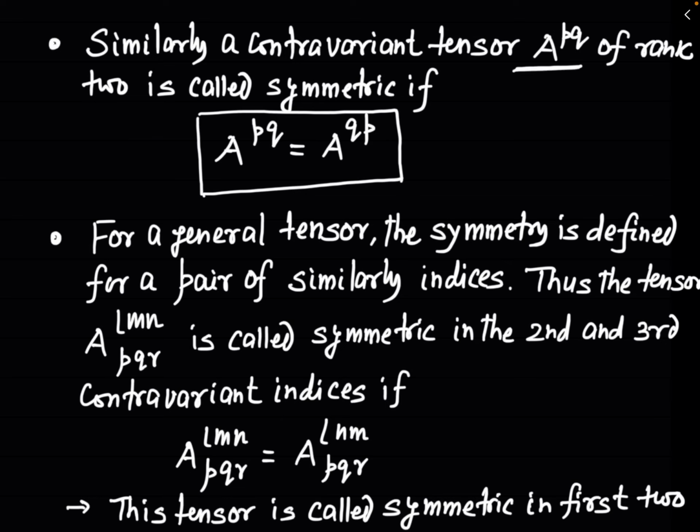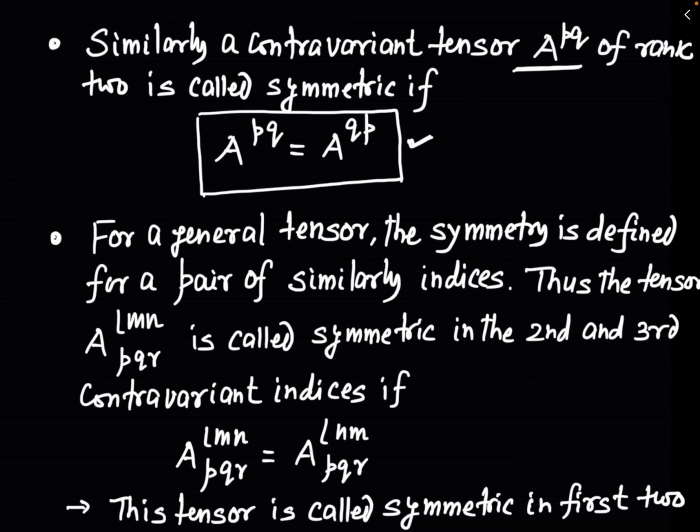This tensor A super PQ is called a symmetric tensor, but only when we interchange the indices P and Q and the components do not change. So if A super PQ is equal to A super QP, then you can say that this contravariant tensor of rank 2, A super PQ, is a symmetric tensor. So you can see that the concept of symmetry for a contravariant tensor and a covariant tensor are not different, but actually both are the same.